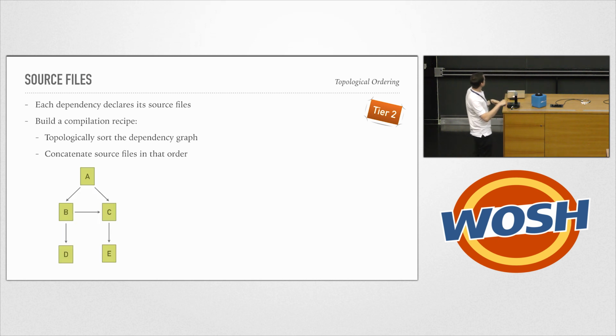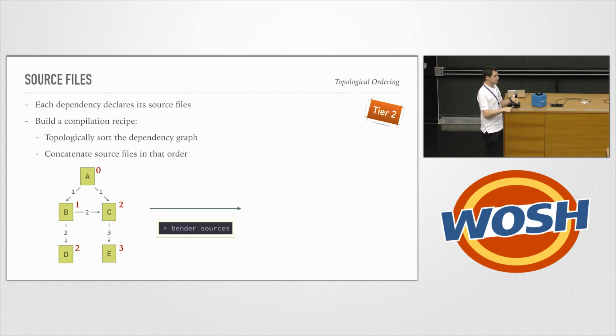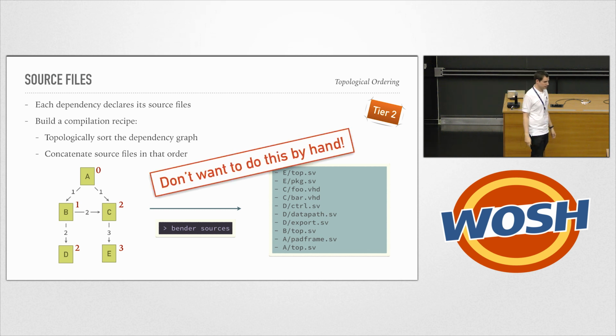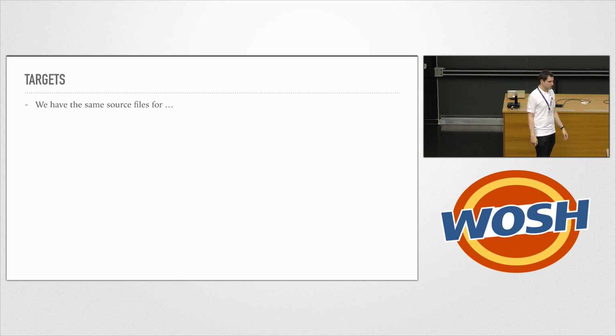So if this is your dependency graph, we can do a topo sort, which is basically what you get when you type in vendor sources, which gives you the ordered source tree of your entire project, and you get a topological sort of the files in compilation order. Again, this is not something you want to do by hand, and it's nice to have the tool do this for you, but this is opt-in. This is the second tier of the tool, so if you don't need that, you don't need to use that.